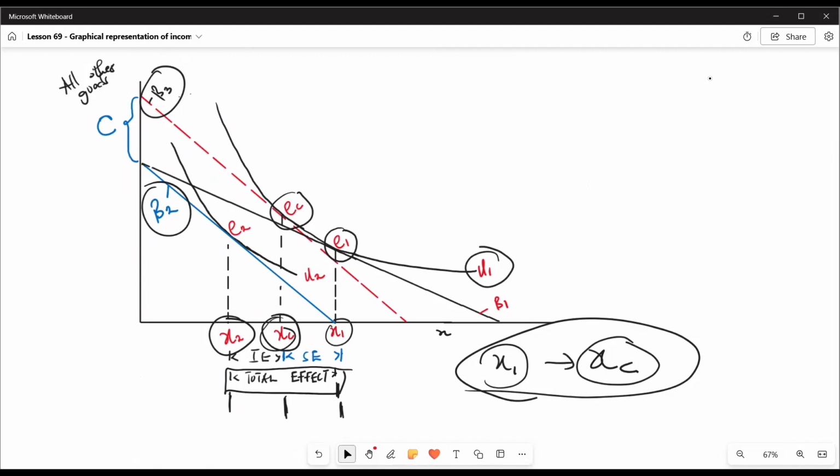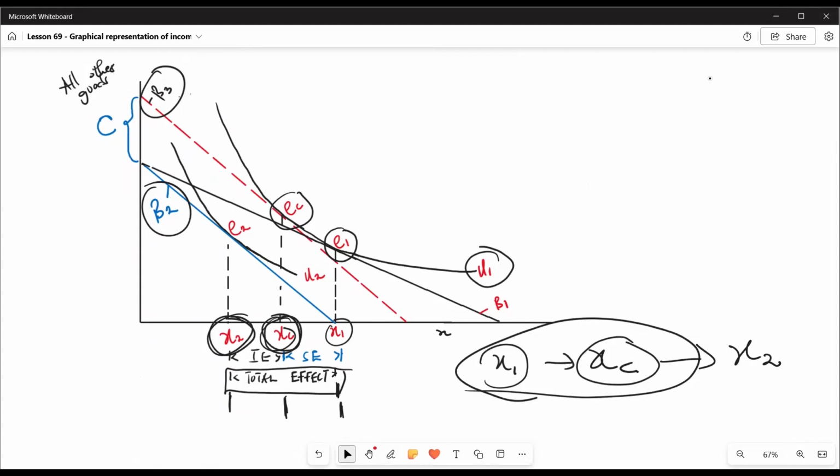So in this example, the income effect of the price change lowers the quantity demanded as well. So that moves us from XC to X2. So on our graph, the income effect is the movement from XC to X2.